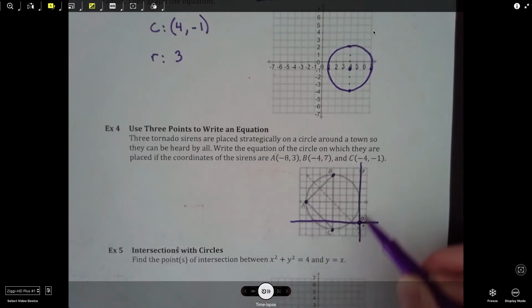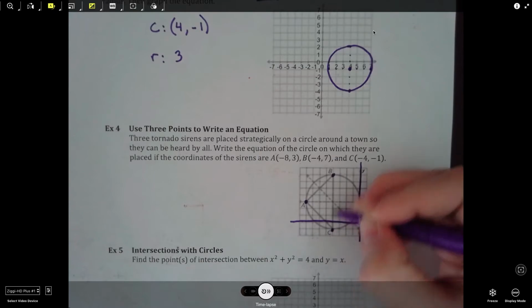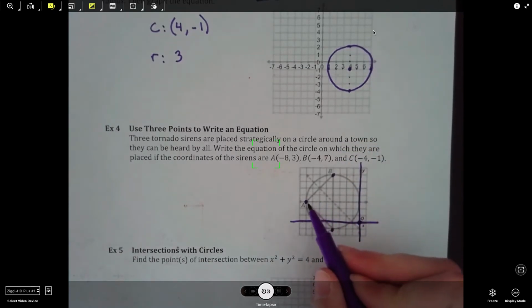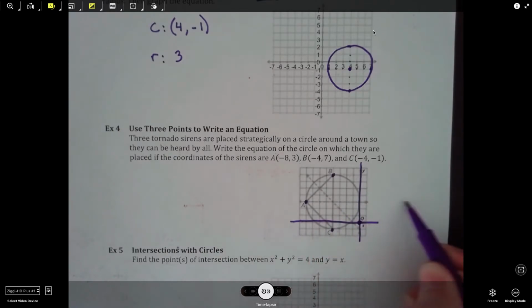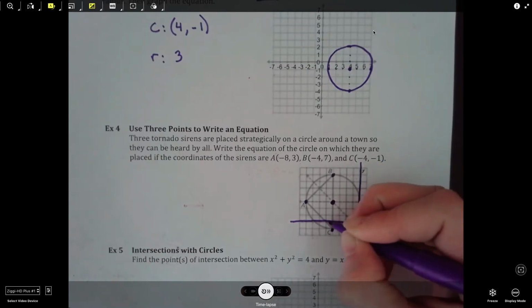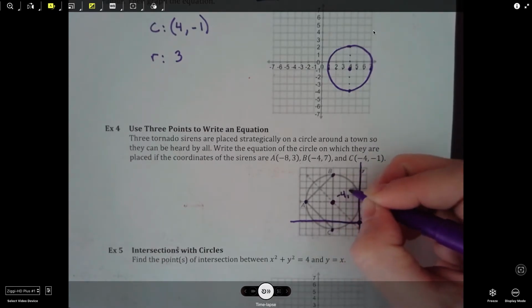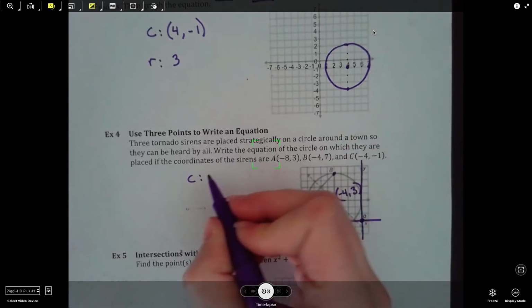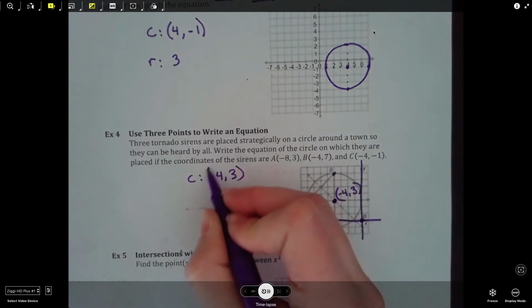If I look at BC being the diameter of my circle, AB is going to go the opposite direction. It's going to be a horizontal line, and the center of my circle is actually going to be this point right here, which is -4, 3, I believe. Okay, and the circle is going to go around that -4, 3. So the center I've designated as -4, 3, and then I need to find my radius.